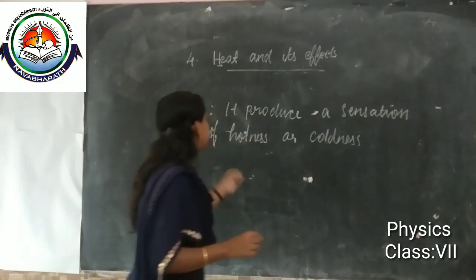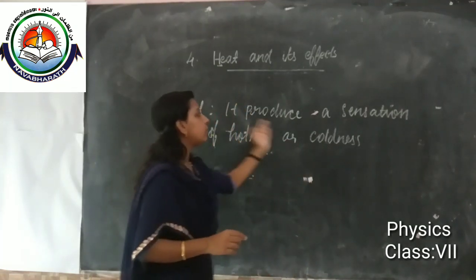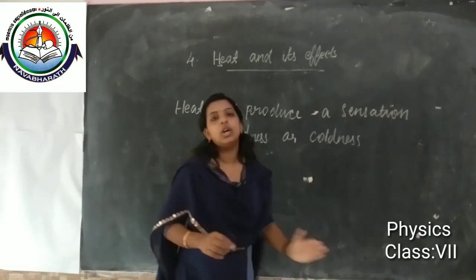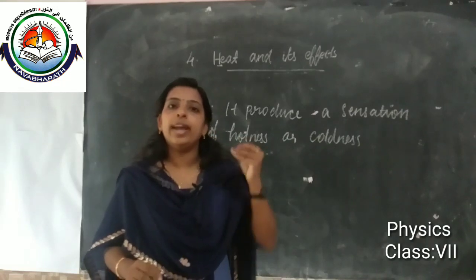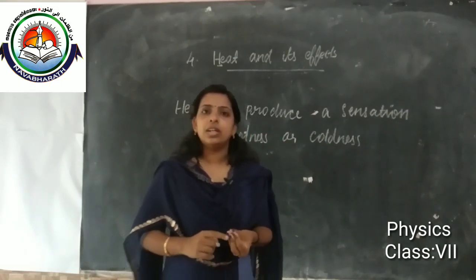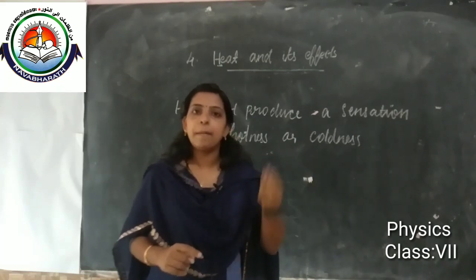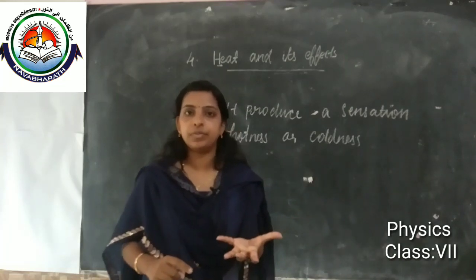So what is heat? Heat is a form of energy, and it produces a sensation of hotness or coldness. And this heat is actually a physical quantity. What is a physical quantity? A quantity that can be measured is considered a physical quantity, right?